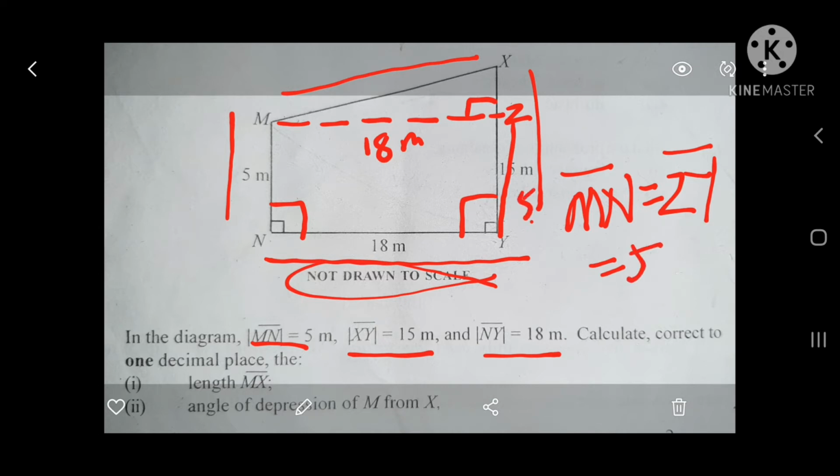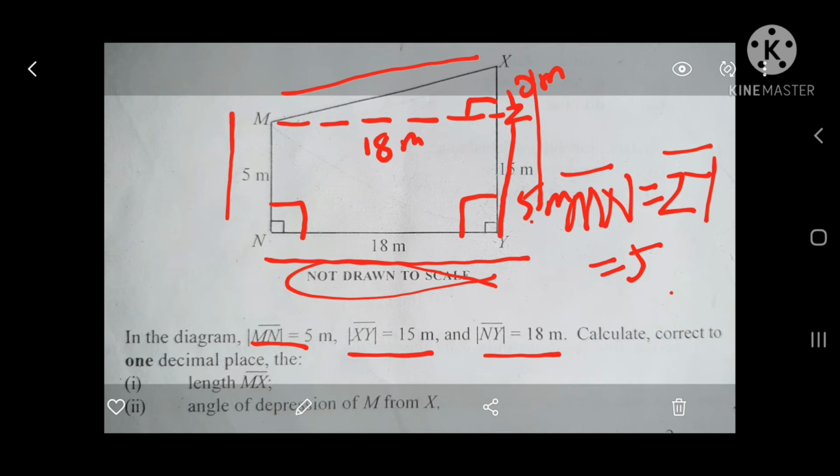So if that is 5 meters, that means our ZX here will be 10 meters, since from Y to X is 15 meters, and Z to X plus Z to Y is equal to X to Y. So we have 10 meters.